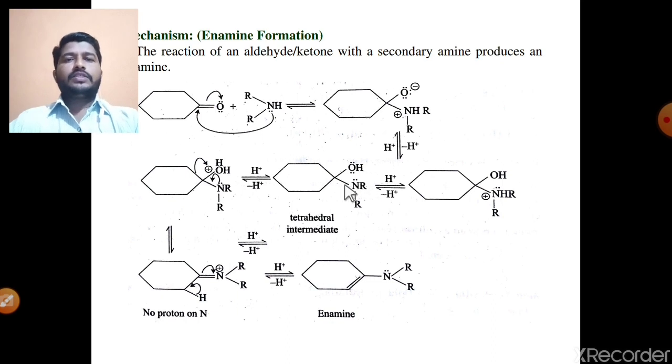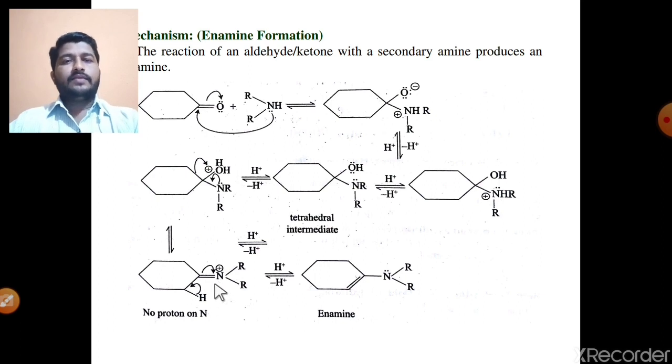The next step is protonation of this OH group. After protonation, the electron pair of this nitrogen participates in delocalization. At the same time, elimination of water molecule takes place, with a double bond formation between carbon and nitrogen. Loss of electron pair, so nitrogen gains positive charge.